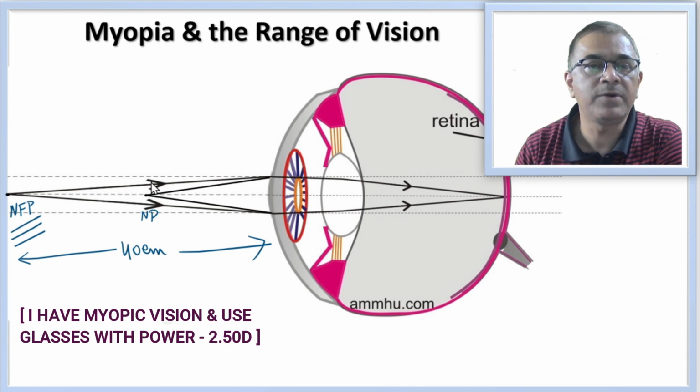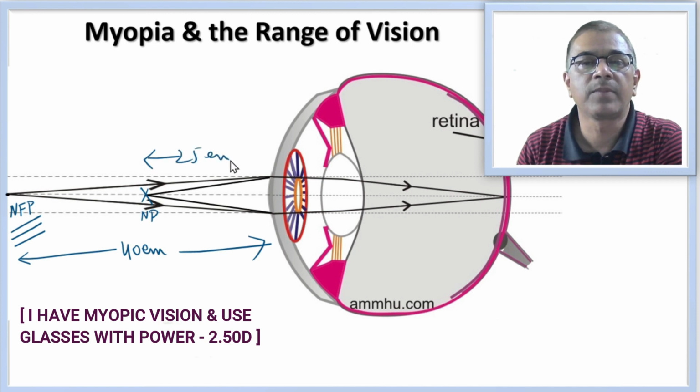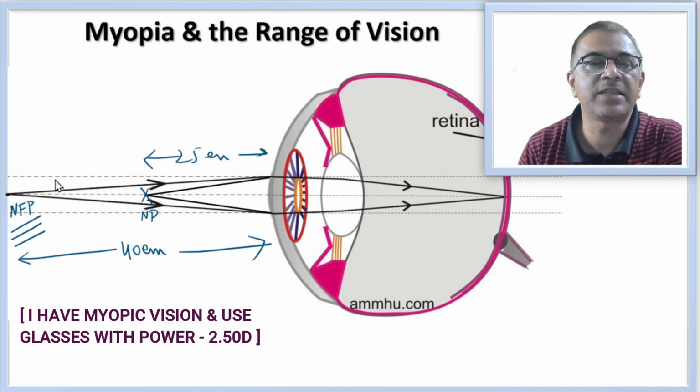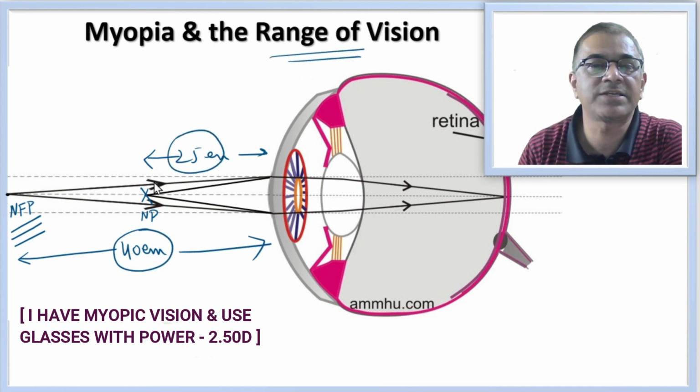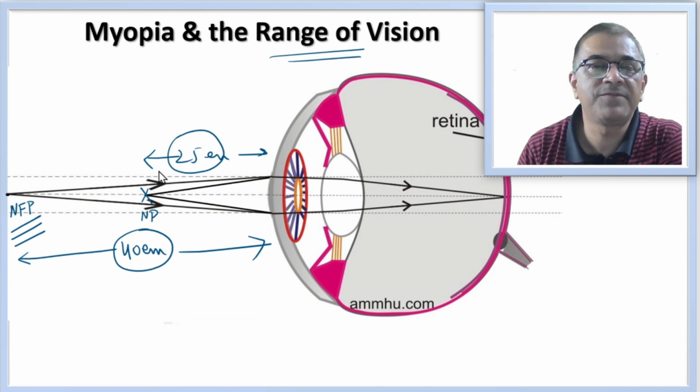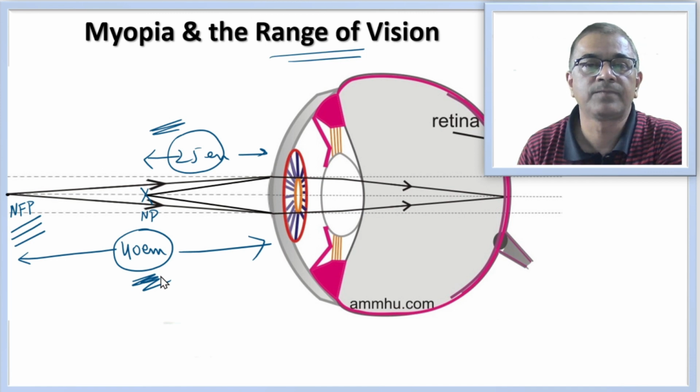So I am able to see all the objects lying between 25 centimeter and 40 centimeter with clarity. So my range of vision is restricted between 25 centimeter and 40 centimeter.